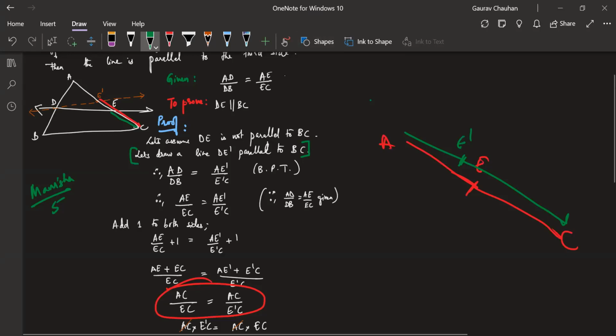Yes. So by looking at the diagram, intuitively, I know that these two ratios are not equal, which means our assumption is wrong. I know that. But that intuition, I cannot say directly.